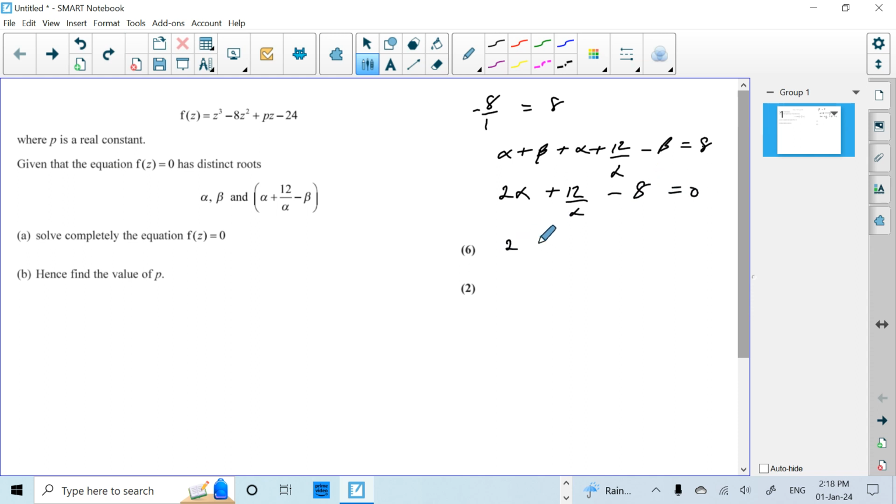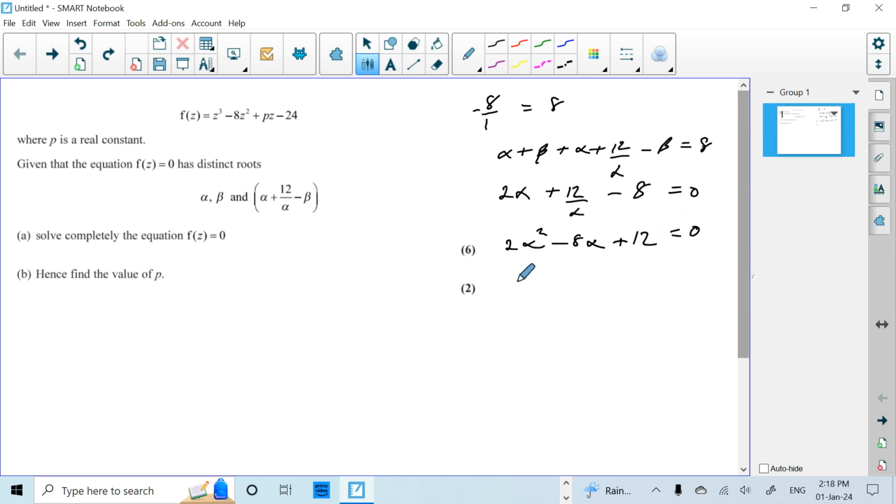Multiply through by alpha, I get 2 alpha squared minus 8 alpha plus 12 equals 0.